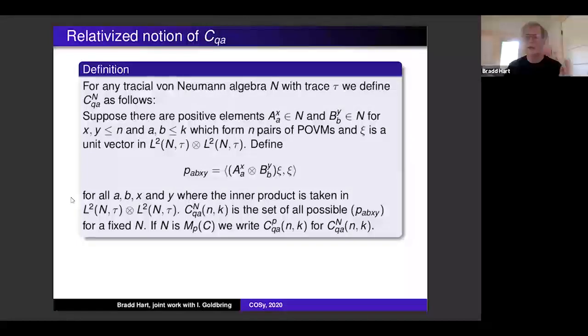I'm taking operators from N, both A's and B's, and I'm looking at unit vectors in L2 of n tau tensor L2 of n tau, and computing the entries for the matrix at these operators applied to that vector. I take all possible matrices of this kind for n, and that's what I call CQA relativized to n.